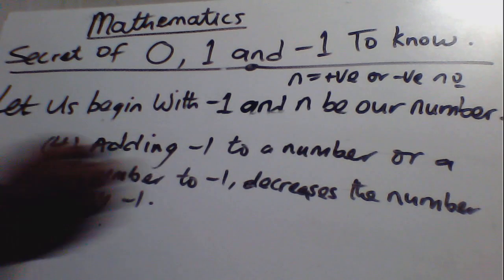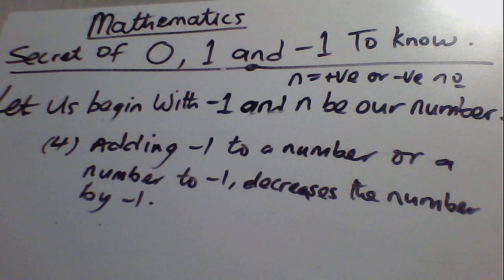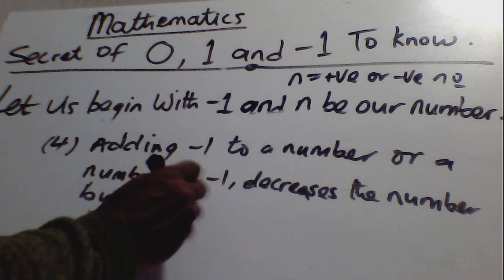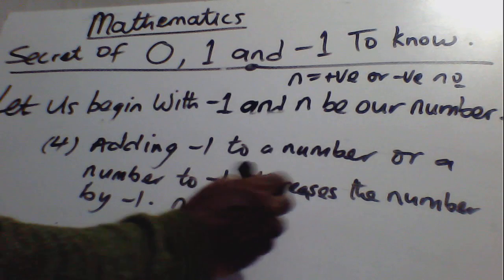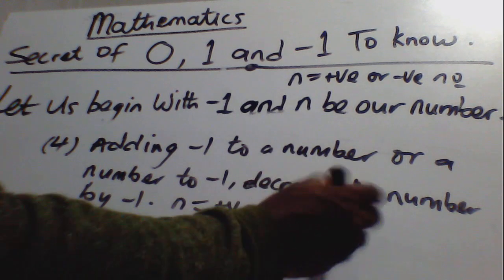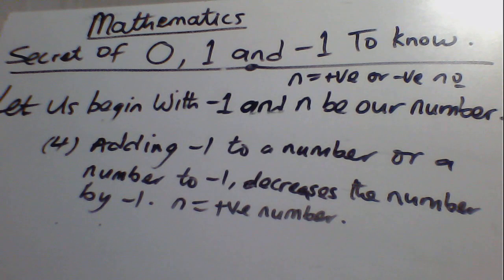By 1. So it will decrease the number by 1. In this case, n is equal to a positive number. So n is equal to what? A positive number. So let's do some examples for clarification.